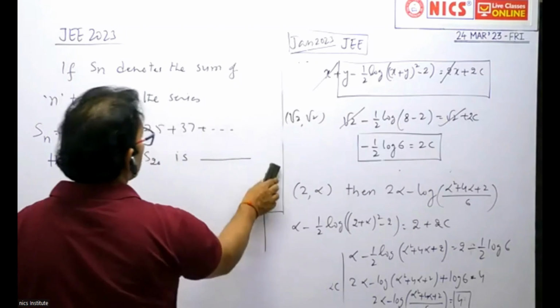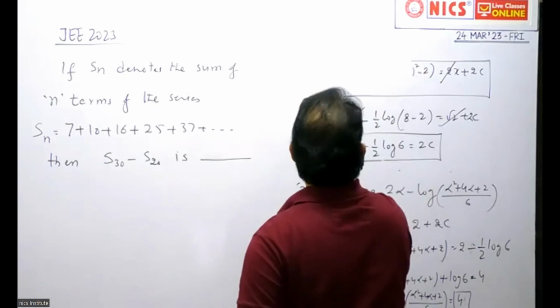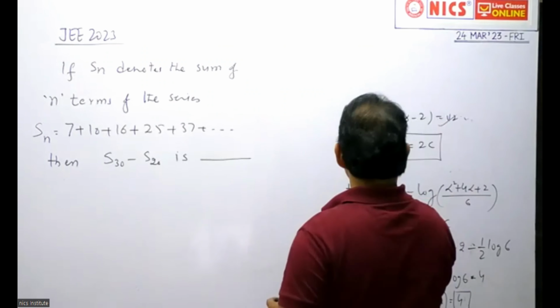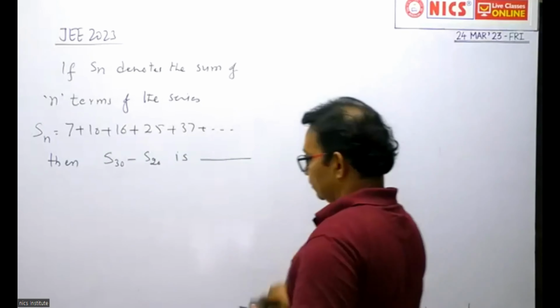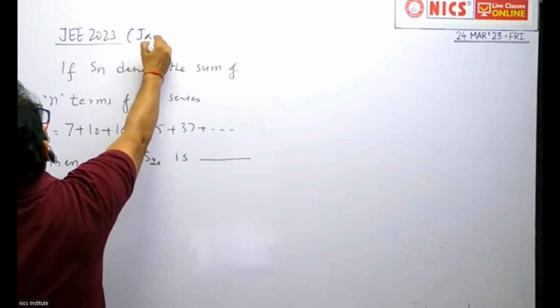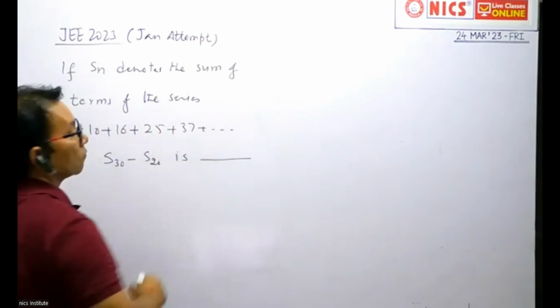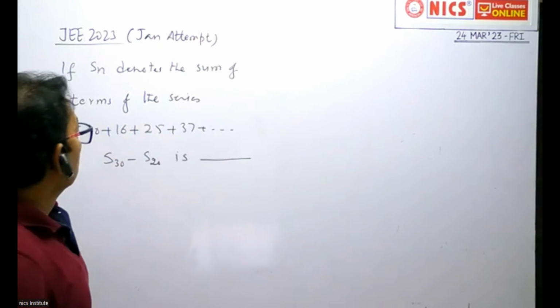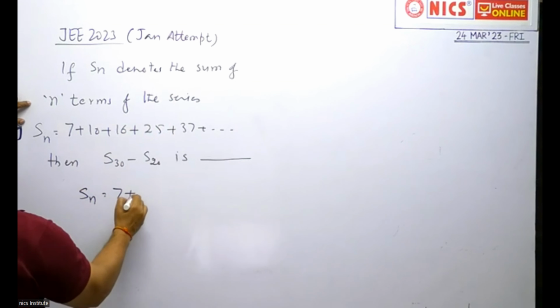Figure out whether this series is AP or GP or something else. Which kind of series do you think this is? If you look at the sequence, is it AP?